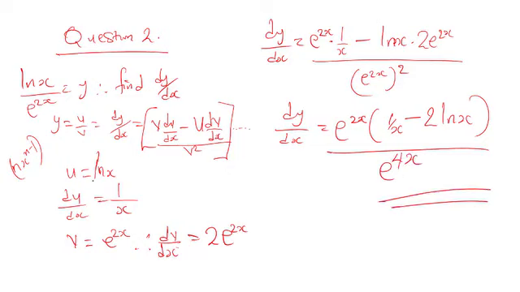So if you're given y equals ln x over e exponential of 2x, find dy/dx. The dy/dx of this equation is e raised to power 2x in bracket 1 over x minus 2 ln x over e raised to power 4x.